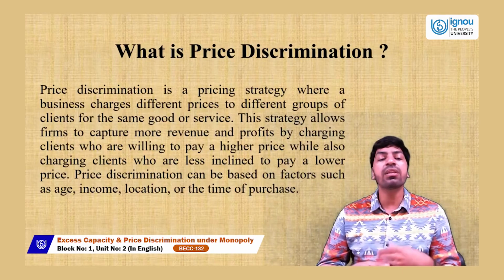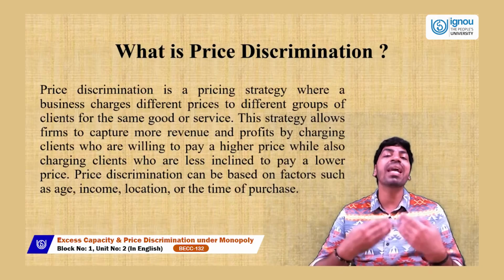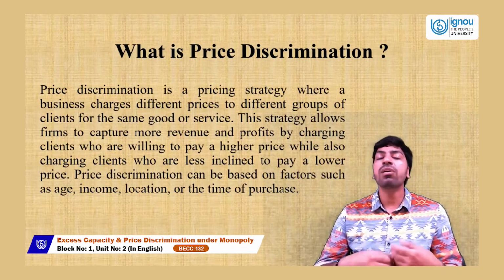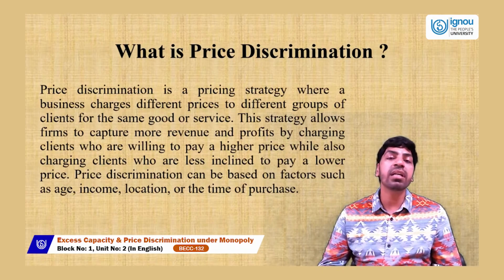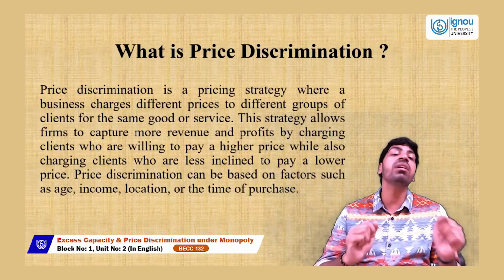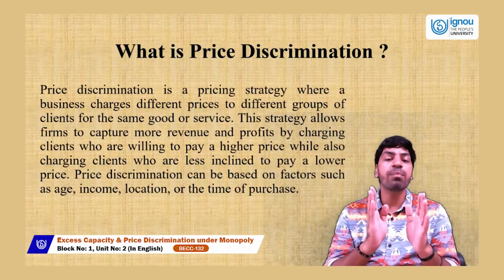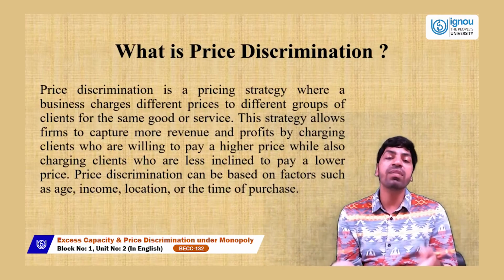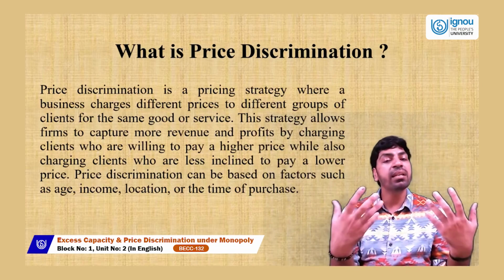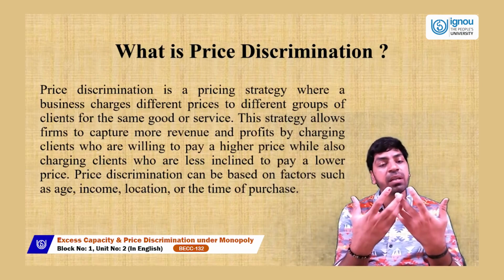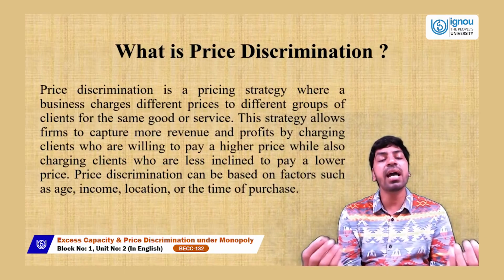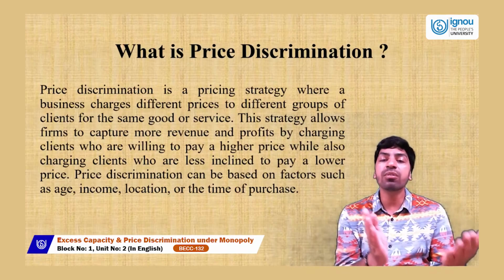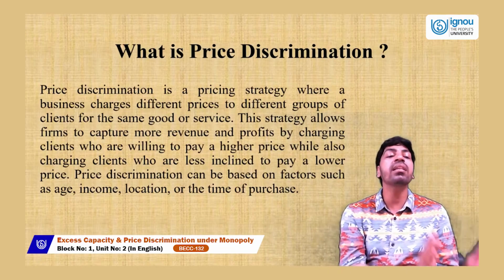So those clients who are willing to pay a higher price for that identical product will be charged accordingly, if the consumers are actually willing to pay that price for the same product. This is how the strategy works. The consumers know, and even the businesses know, that they are charging higher prices and the buyers are actually paying that price.